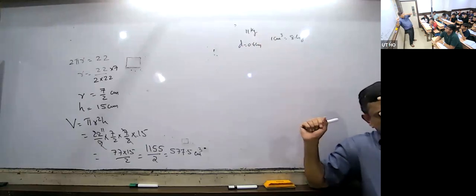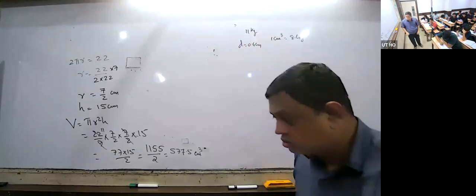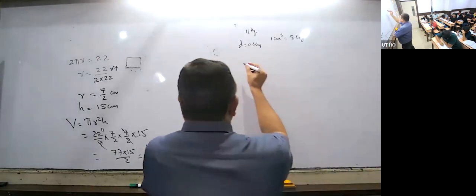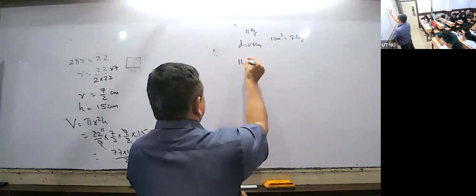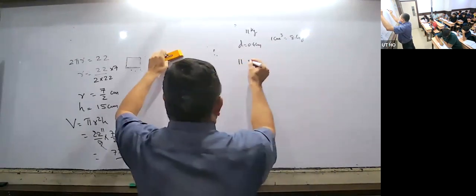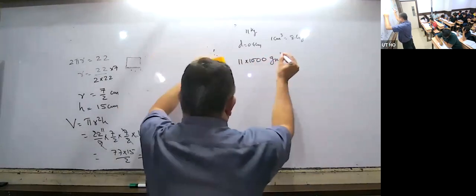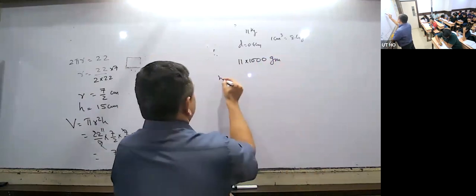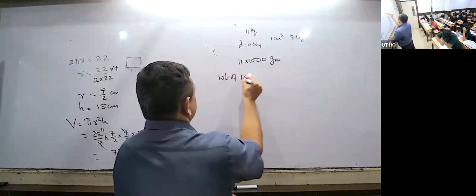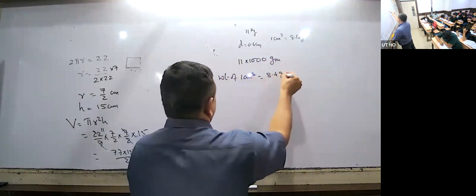So first you write weight is equal to 11 kg, which is equal to 11,000 gram, or 11 into 1000 multiply, right? Total weight is equal to 11 into 1000 grams. Next, weight of 1 centimeter cube is equal to 8.4 gram.